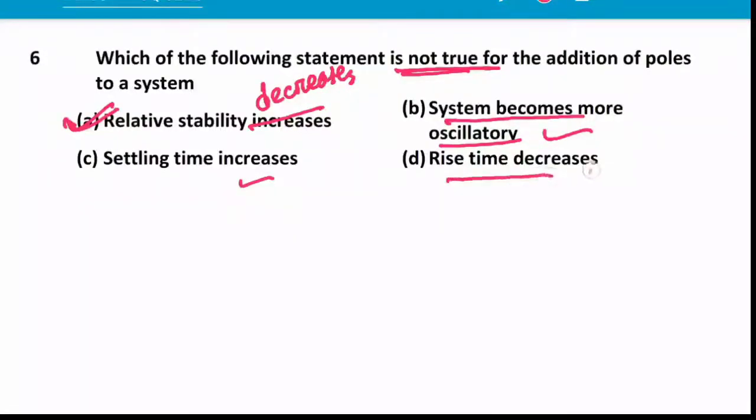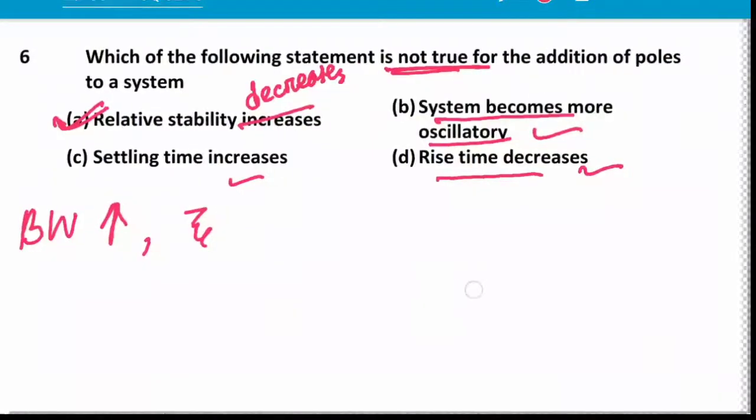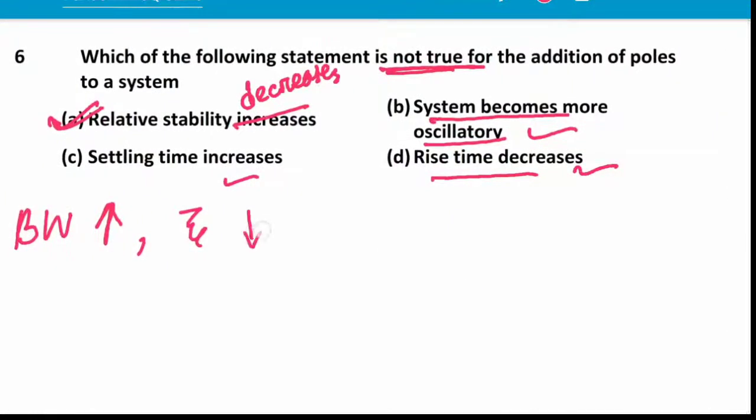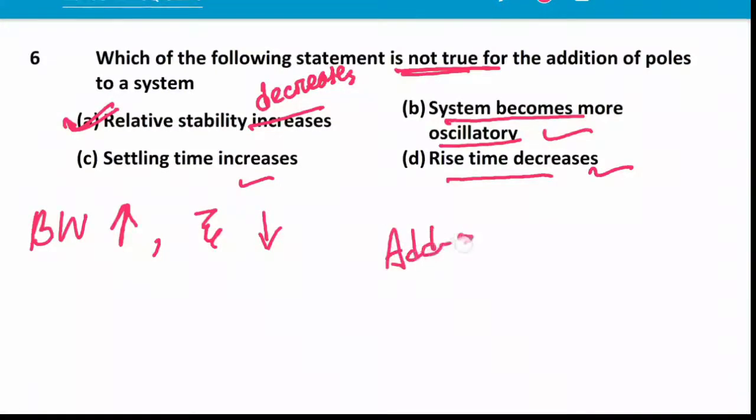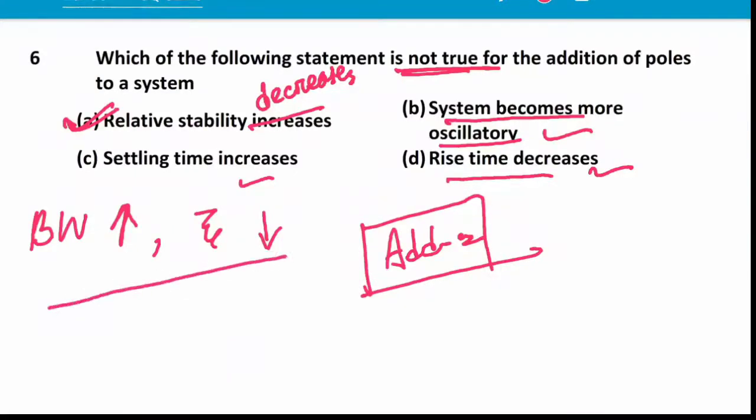Rise time decreases, this is also right. And what are the more effects? Bandwidth increases, zeta, that is the damping factor, decreases. And if the question asked for the addition of zeros, the opposite effects that I have just described here will happen.